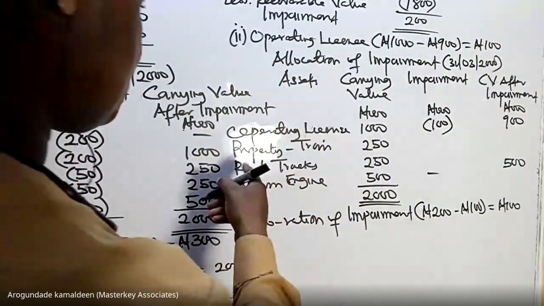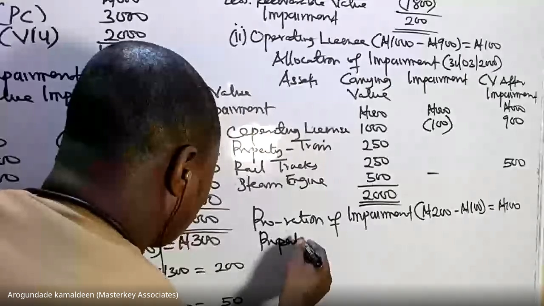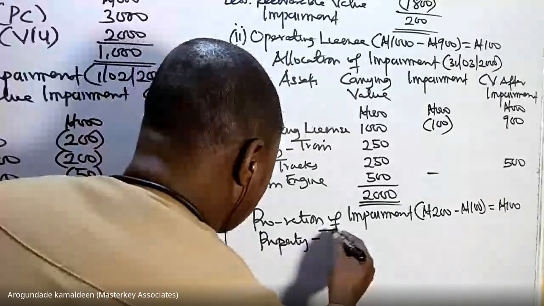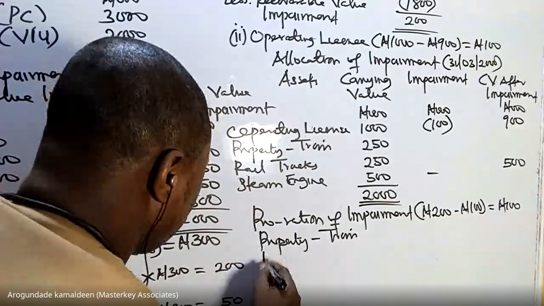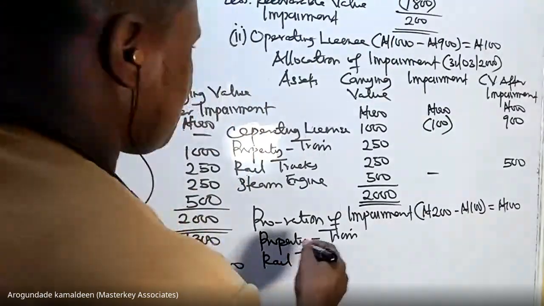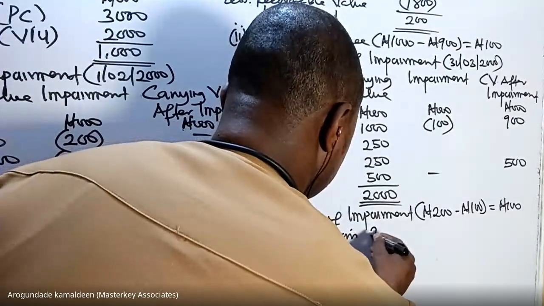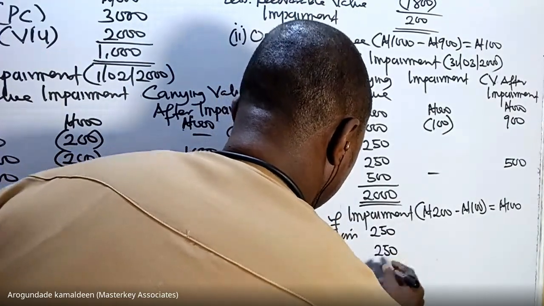Now to the property, next to the rail tracks. So here you have 250, 250.